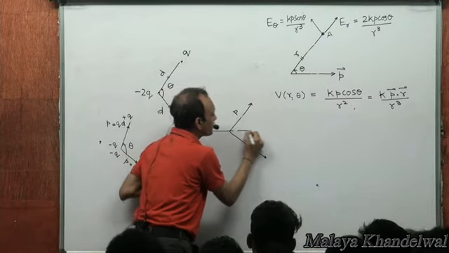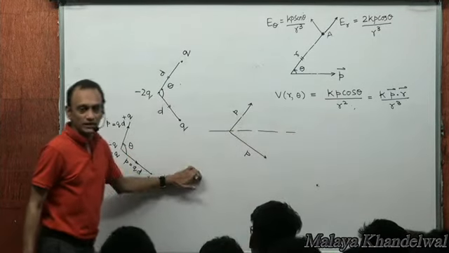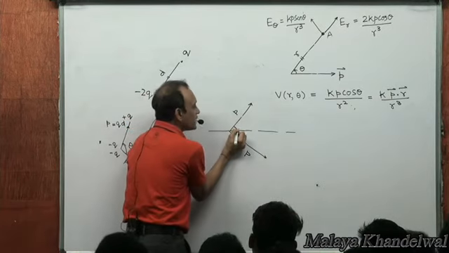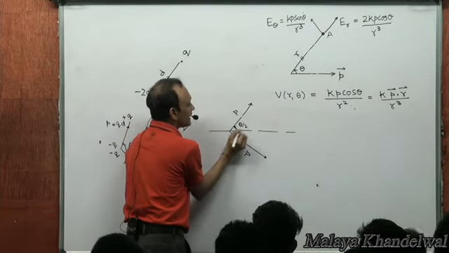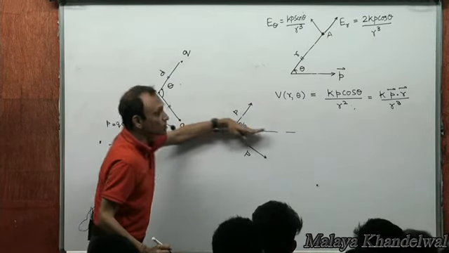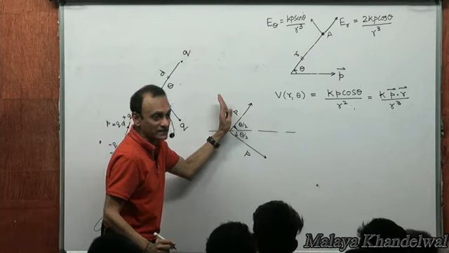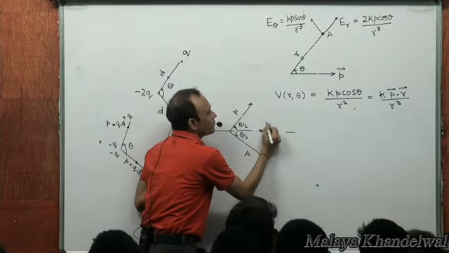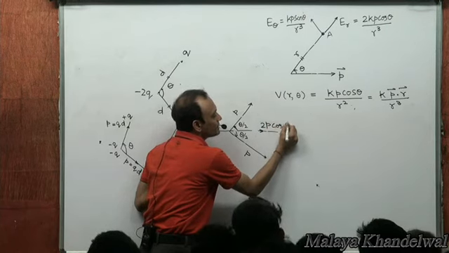Very clearly, since these vectors are equal in magnitude, their resultant would be equally inclined to the two. So this angle will be theta by 2, this angle will be theta by 2. And each of the p's could be resolved as p cos theta by 2, p sin theta by 2. So the two horizontal components add up to 2p cos theta by 2.